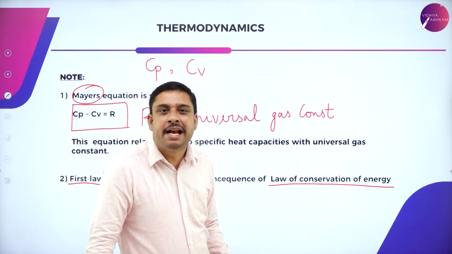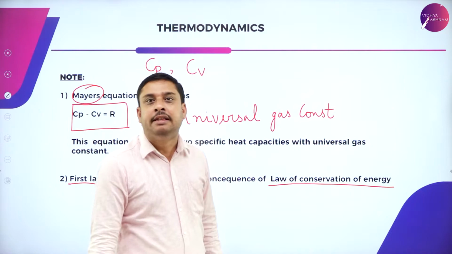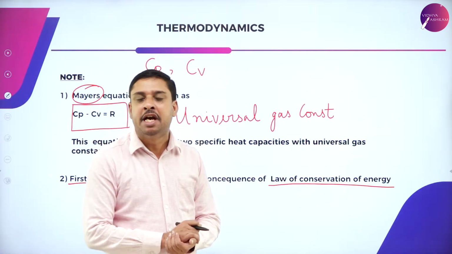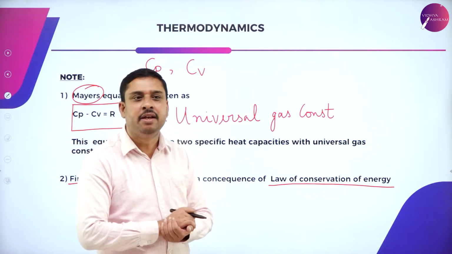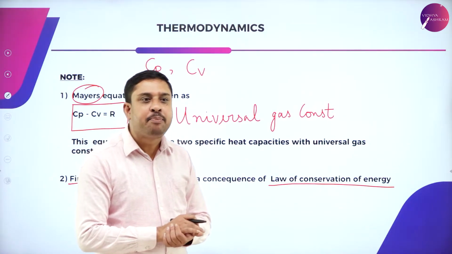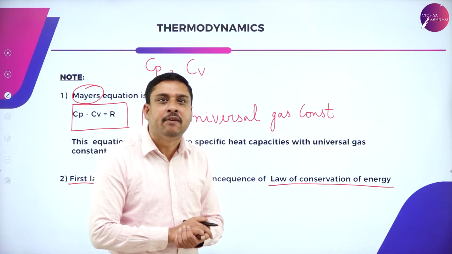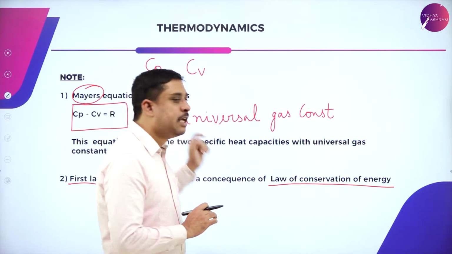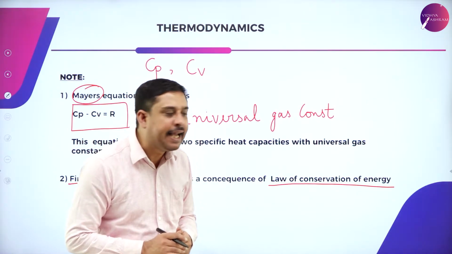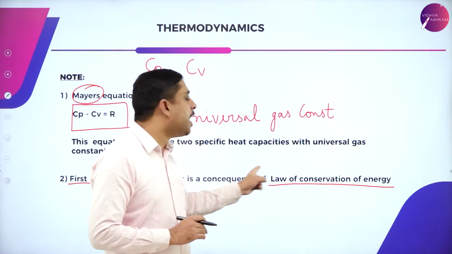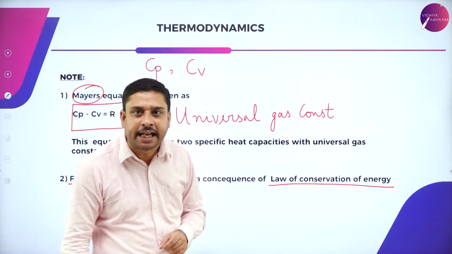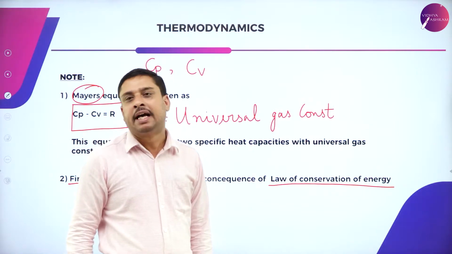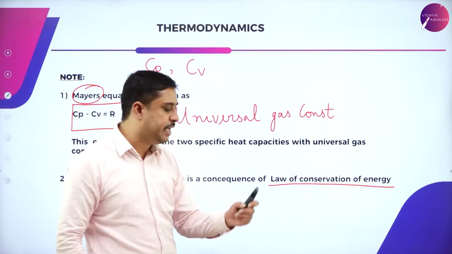It is an outcome of the law of conservation of energy. So Mayer's equation, which is Cp minus Cv is equal to R, relates the two specific heats, and the first law of thermodynamics is the outcome of law of conservation of energy.